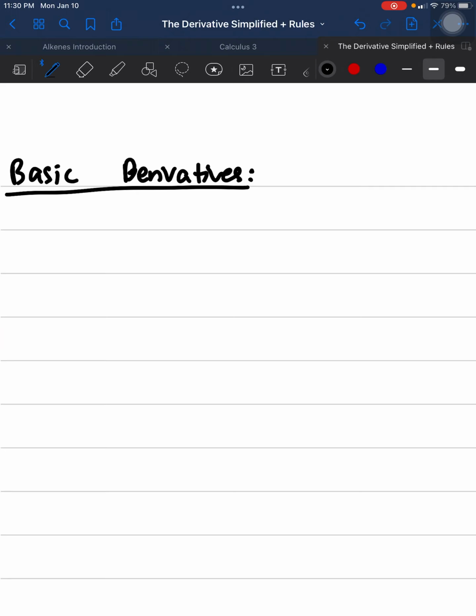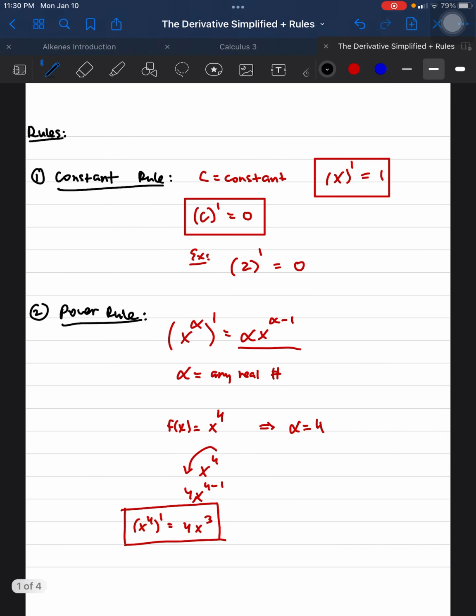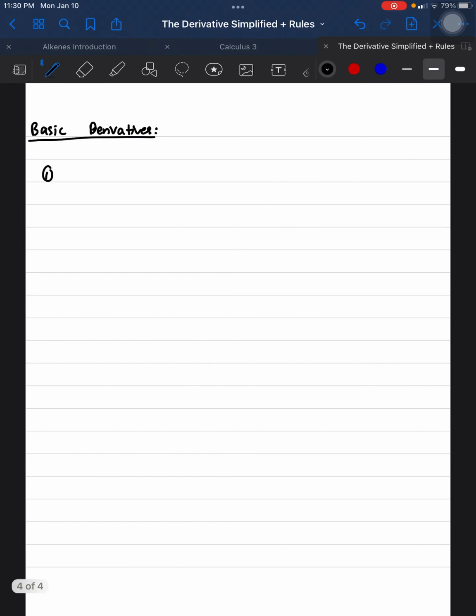So, some basic derivatives. I already went over some of them, which is the constant rule and the power rule. These are very common, that's why I put them first, and I consider them properties as well.